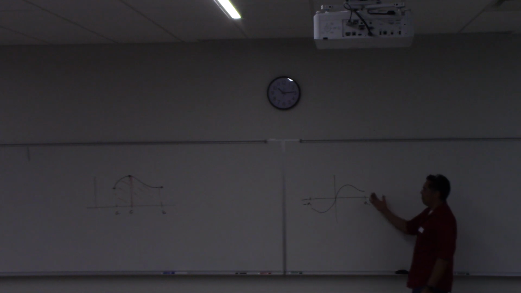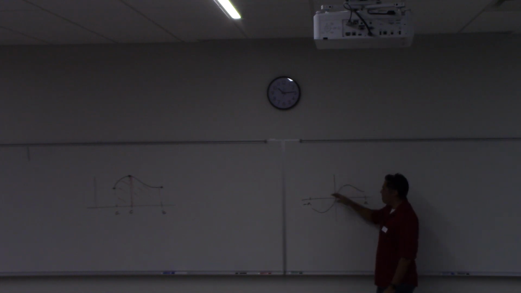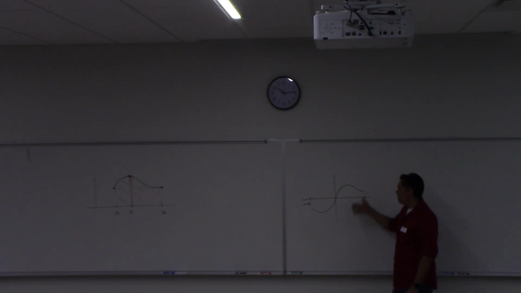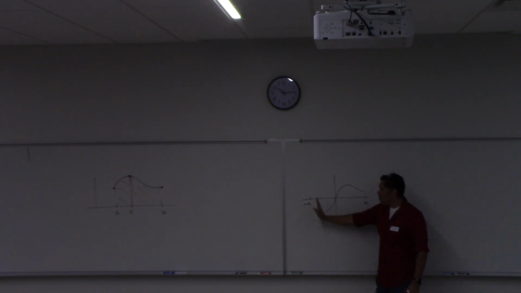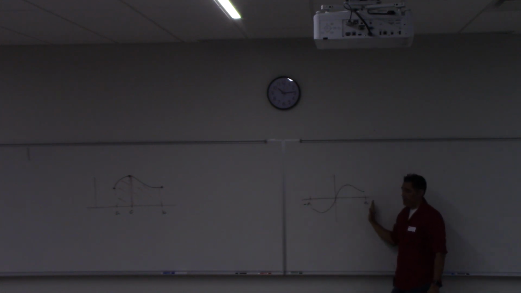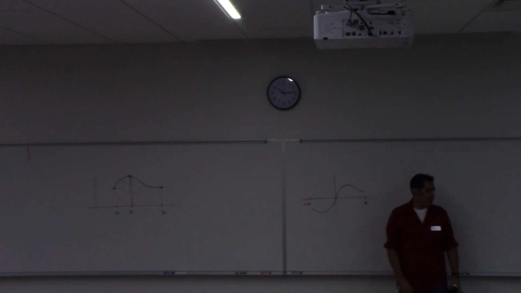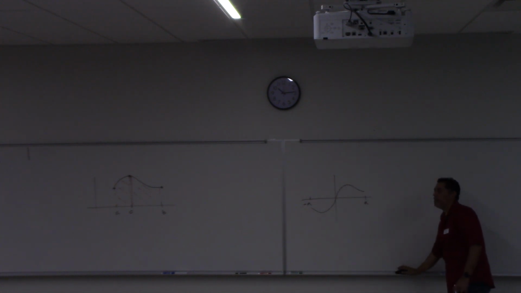Why? Because they're reflections, right? But this part's positive, this part's negative, positive and negative. So we should get this to cancel that out. As long as we're going from negative a to positive a, then we should get cancellation. That's the next property. Cancellation equals 0.